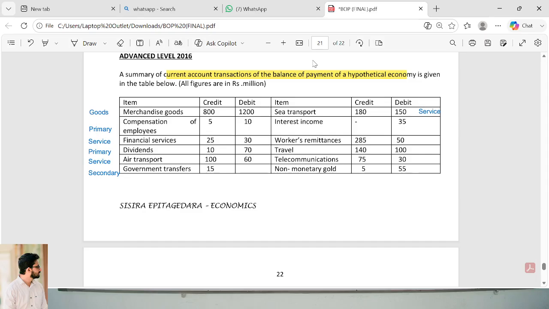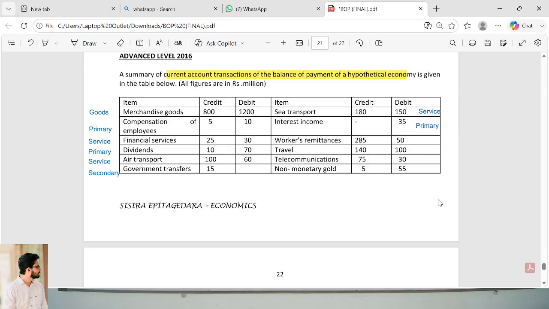Interest income. If you were the person who records this transaction in the balance of payments for Sri Lanka, how would you record it? Primary income account.